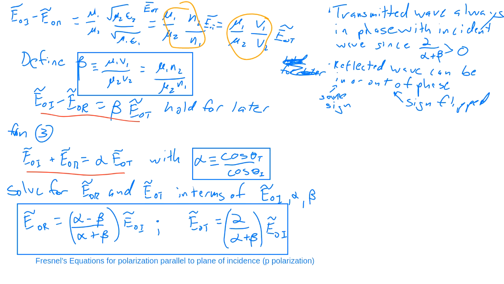Alpha minus beta over alpha plus beta can be plus or minus.